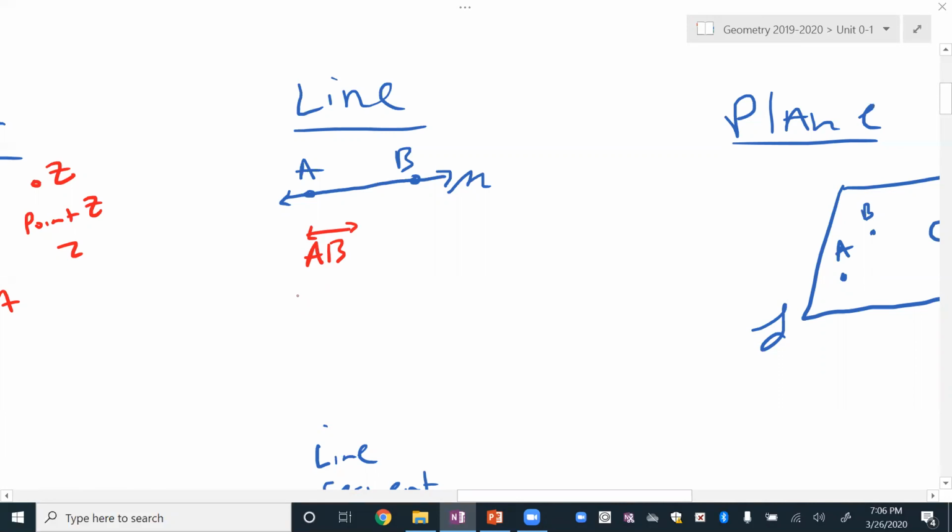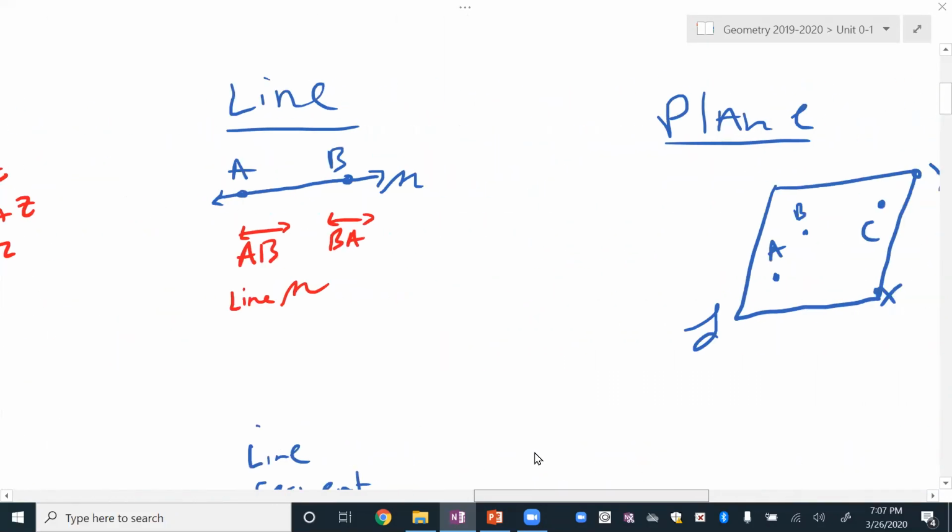You can also write it as line, in this cursive letter, M. So there are two ways of going about it. You can also call it line BA, depending on which way you're going. But remember, no comma and no space in between.